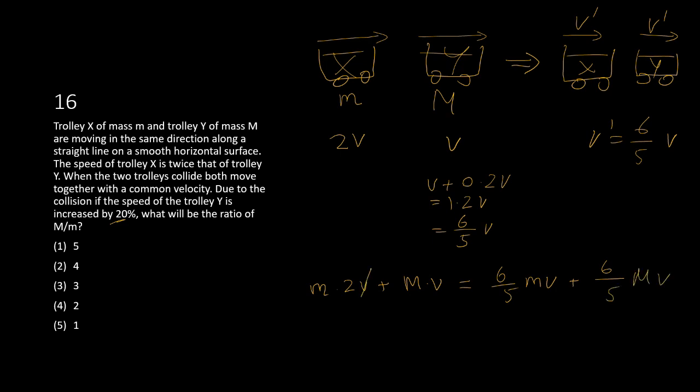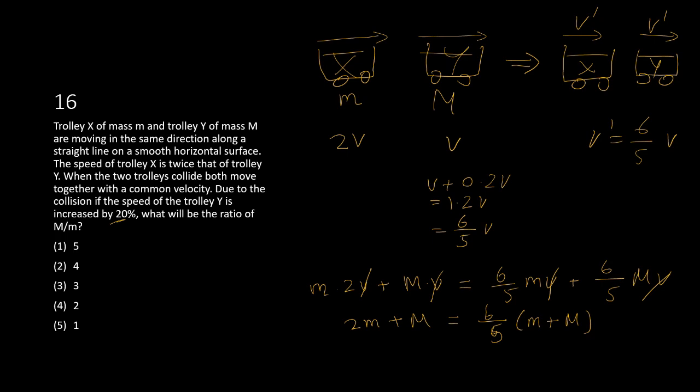The term v is in all the terms, so you can cancel v and you get 2m plus capital M is equal to 6/5 m plus 6/5 M.